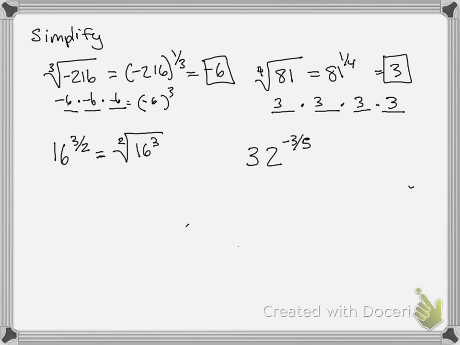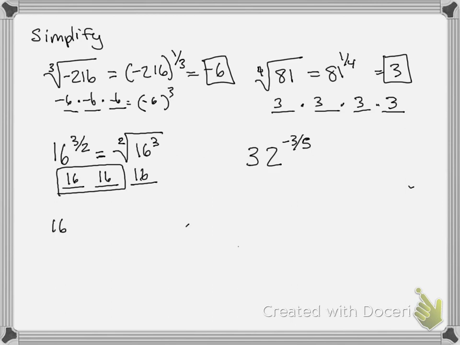So I'm looking for 2 factors that will give me 16 cubed. So I'm just going to break down my base. So I've got a 16 and a 16 and a 16. Here's one pair right here, one pair of 16. So I'm going to pull that one out.